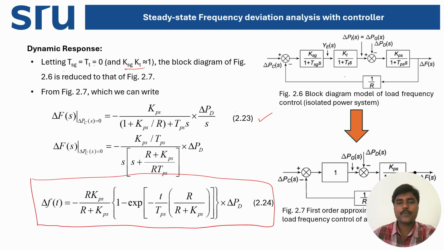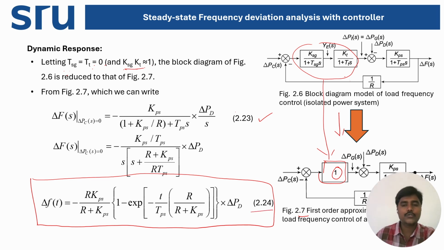And the corresponding block diagram also will change to figure 2.7, where substitute TSG and TT is equal to 0 and KSG into KT is equal to 1. Then these two blocks are going to reduce to one single block whose gain is equal to 1. And this is the final equation 2.24, which will give you the dynamic response for the steady state change in frequency.